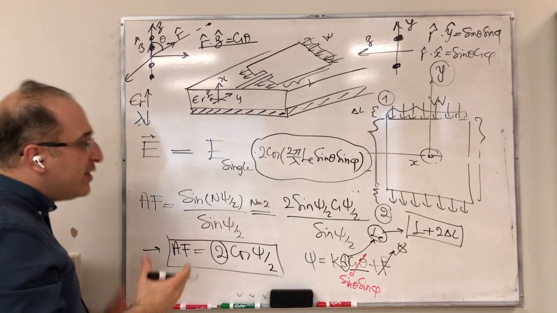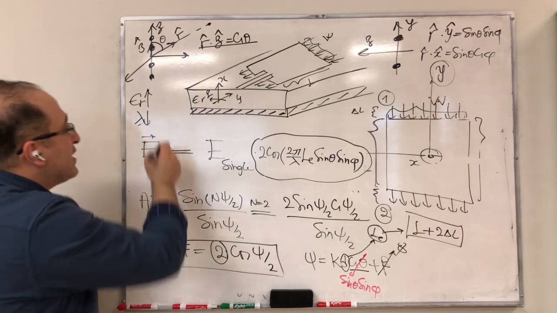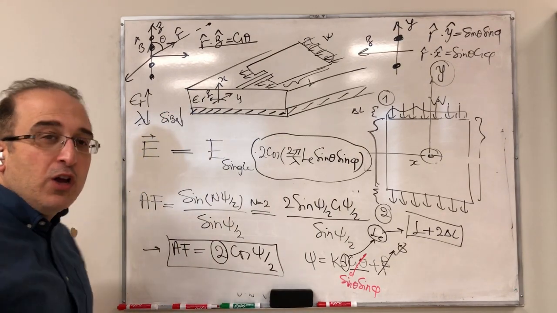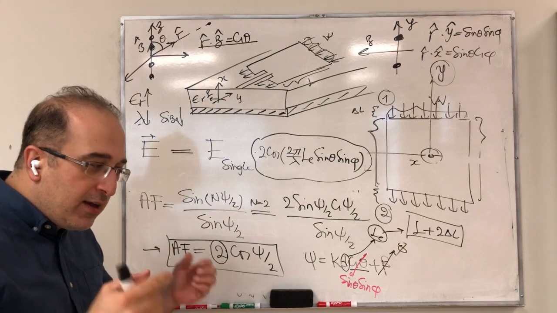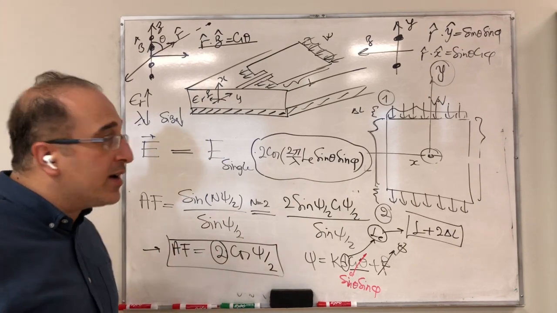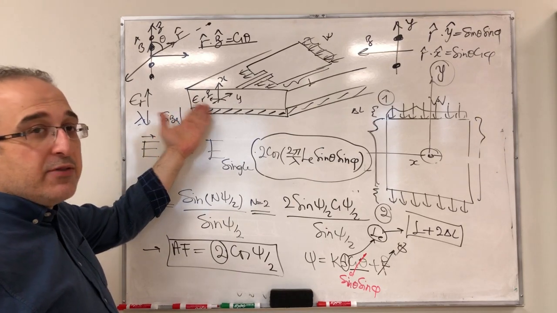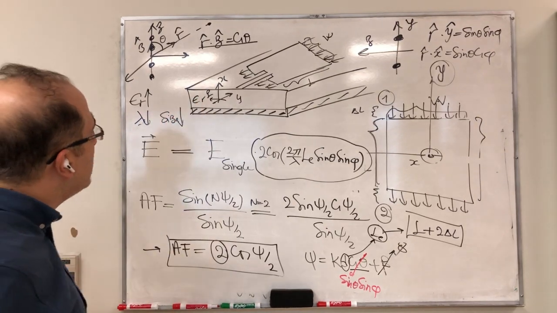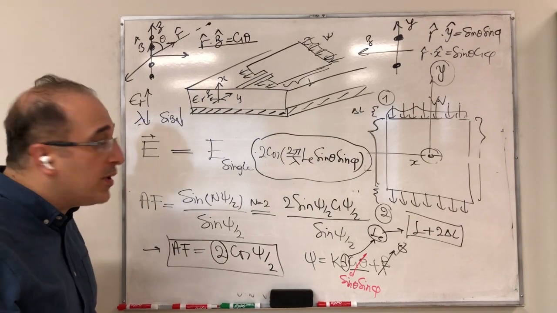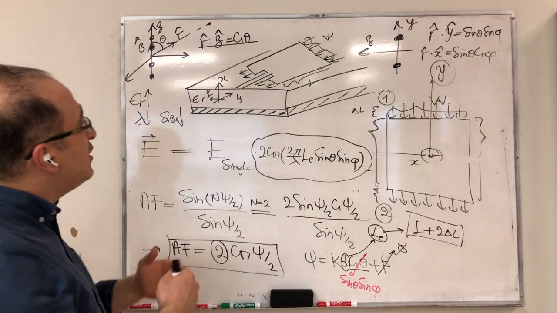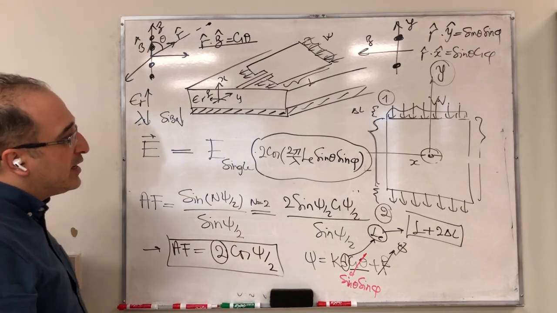And because everything is with respect to wavelength, the size of the patch and everything drops. So the size gets smaller if you use, for example, a substrate of epsilon 10 versus epsilon 2. The size drops, but this also has some negative effect. For example, the bandwidth gets worse when you increase the dielectric constant of the substrate.